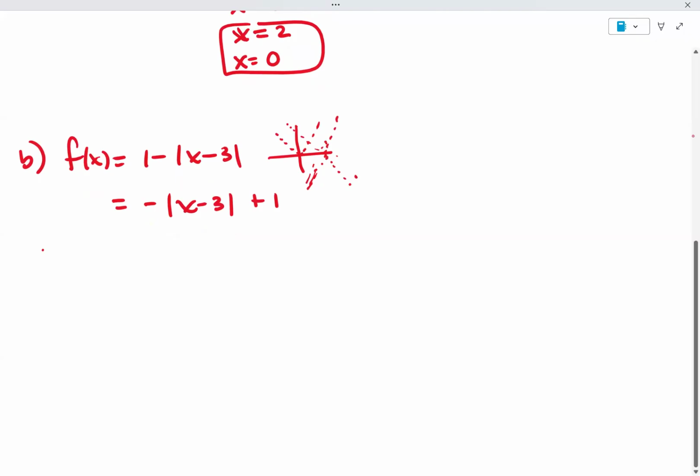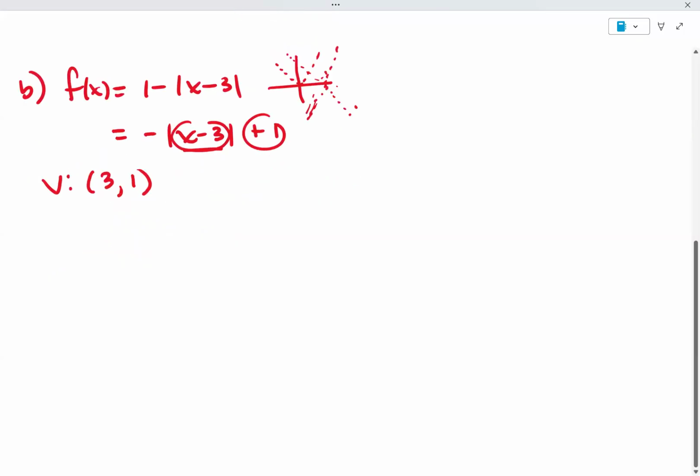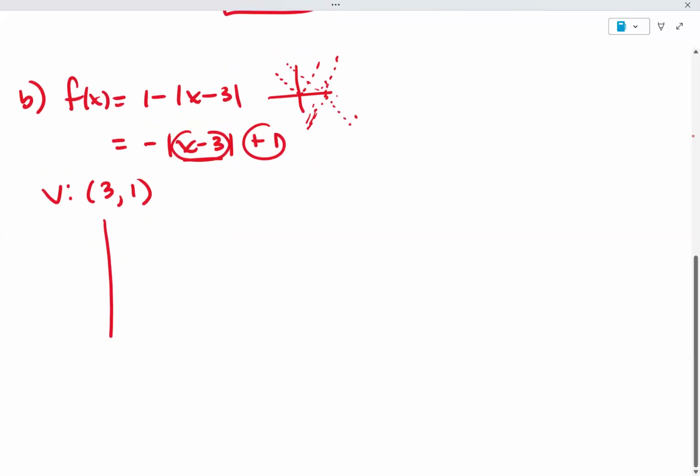So the vertex is that first step again. What makes this 0 for x is 3. And the y value hanging out there is 1. So as we expect, we're going to go over 3 units and up 1, just like our transformations confirmed. I'll pick a value near 3, such as 4.